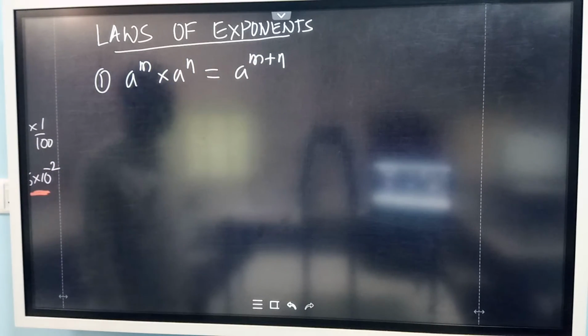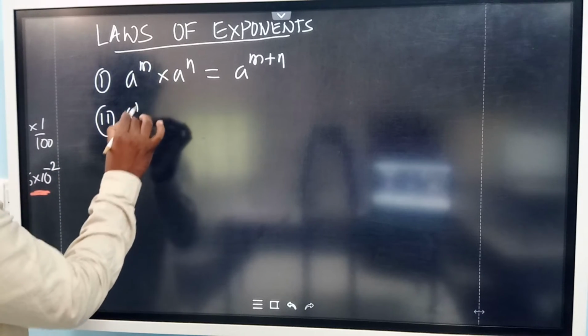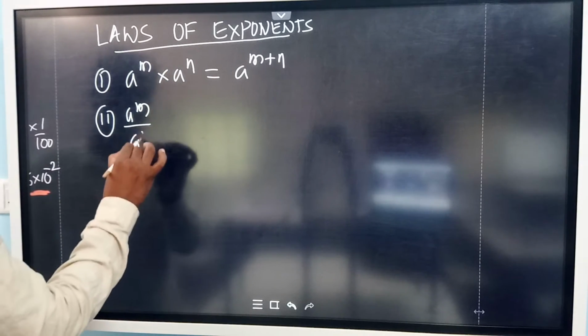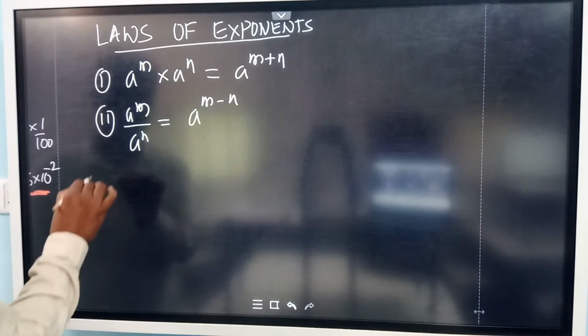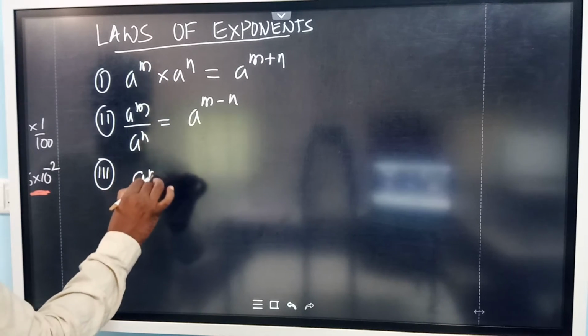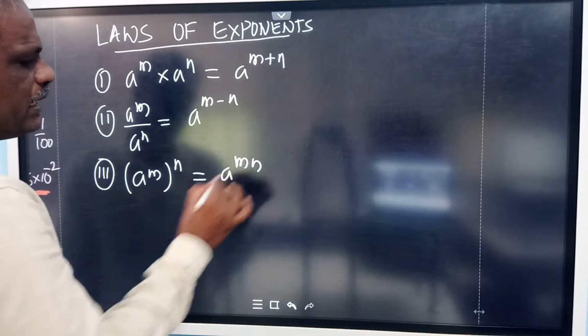This is applicable for negative numbers also. The second one, a to the power m divided by a to the power n is equal to a to the power m minus n. Third one, a to the power m whole to the power n, you can write as a to the power mn.